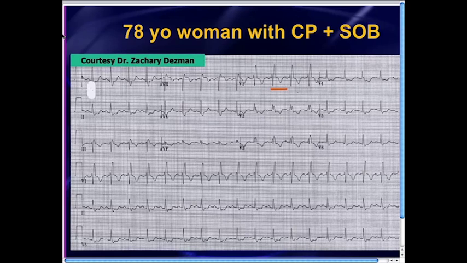Now, it's normal to have ST depression in right bundle branch blocks in V1, V2, V3, but what's abnormal, there really shouldn't be ST depression in other leads in a right bundle branch block. There's ST depression in those leads there.